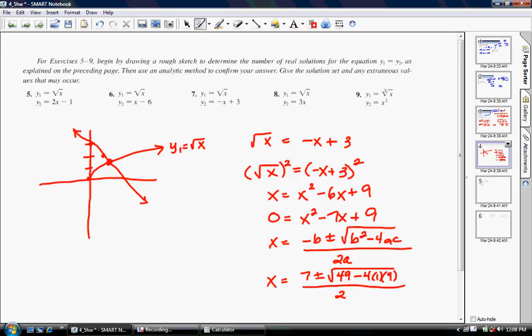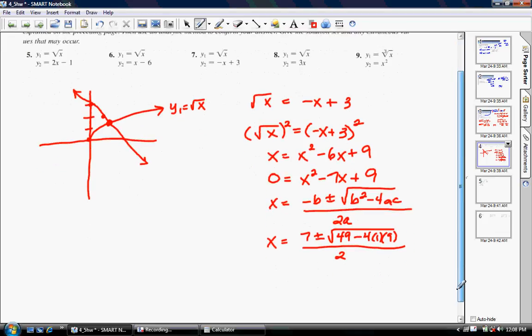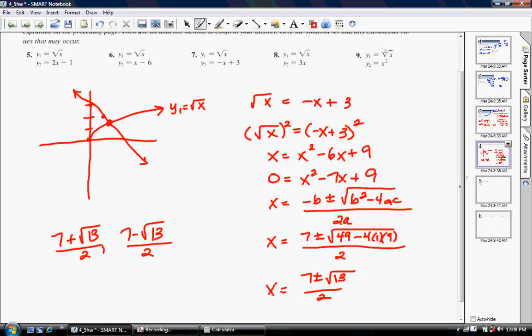And that's all over 2 times a, or 2 times 1, which is 2. So the solutions are 7 plus or minus the square root of 49 minus 36, which is 13, over 2. So one solution is 7 plus the square root of 13 over 2, and the other is 7 minus the square root of 13 over 2.